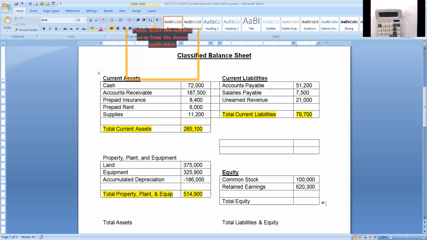I don't need a calculator for that one. Add 100,000 under that is what, 720,300.